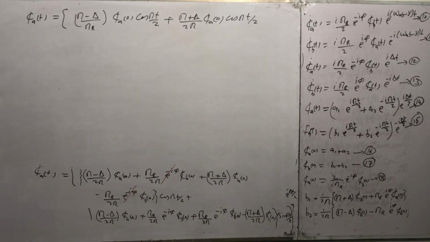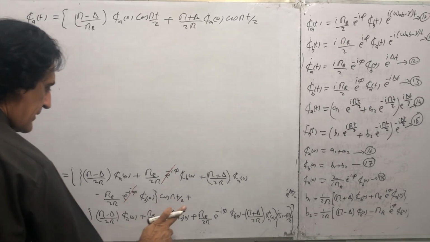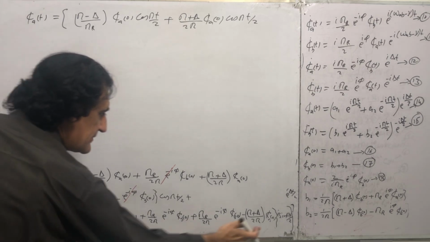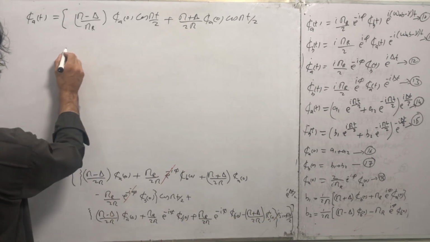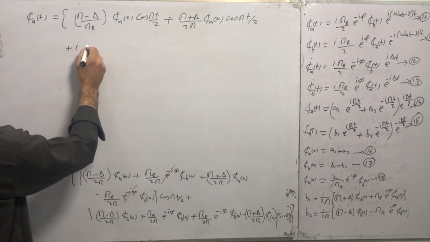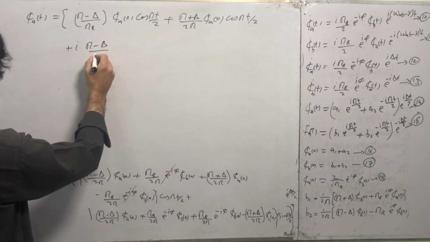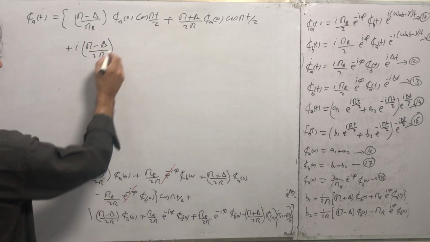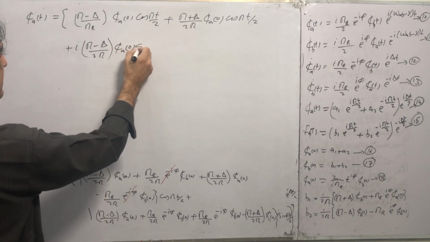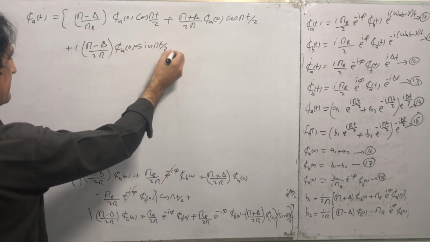And next we have this term, multiply this with this, then plus iota omega minus delta divided by 2 omega, this term Ca of 0 and sine omega t divided by 2.